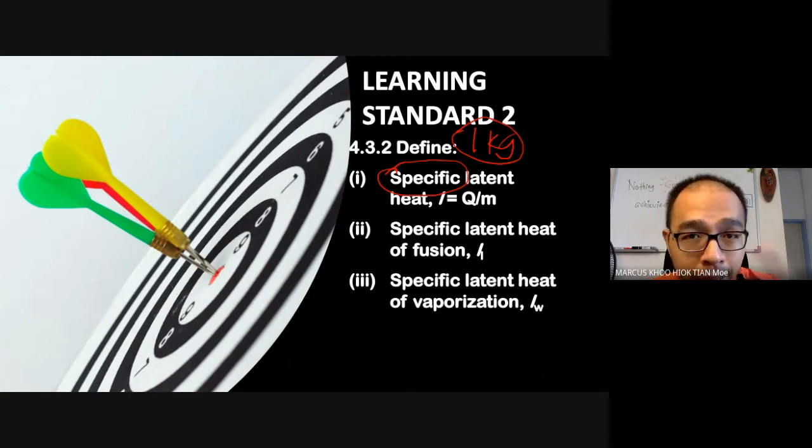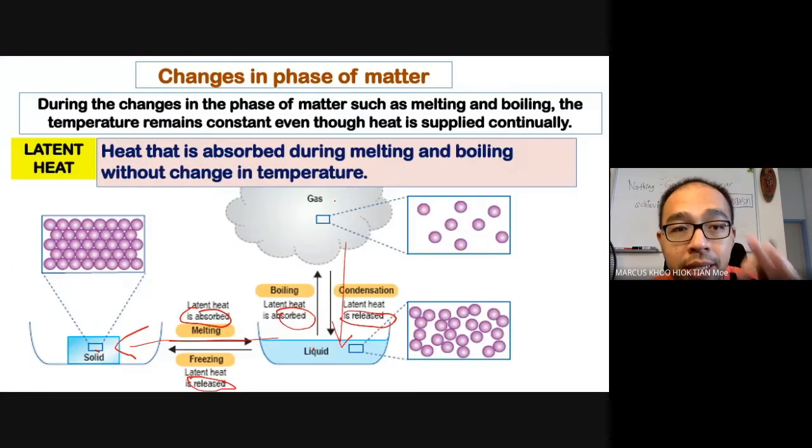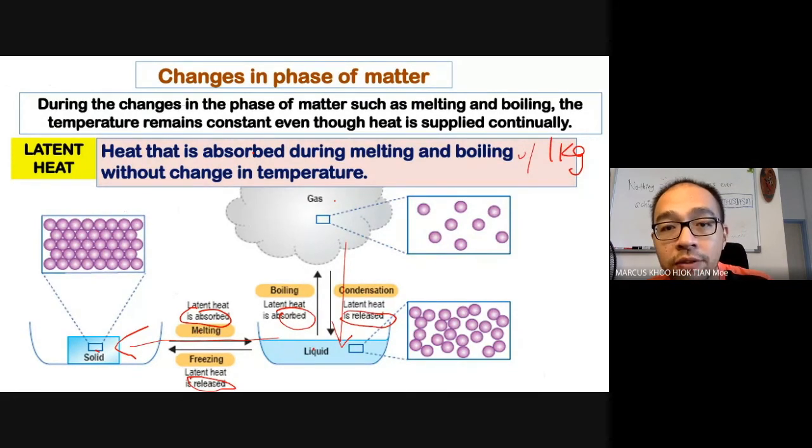Look back at your notes, and look back at what latent heat means. Latent heat is the heat that is absorbed or released. Sorry, even I forgot. Hold on. Latent heat is the heat that is absorbed during melting and boiling without a change in temperature. That's latent heat. So specific latent heat will be the heat that is absorbed during the melting and boiling of 1 kg of something, without a change in temperature.